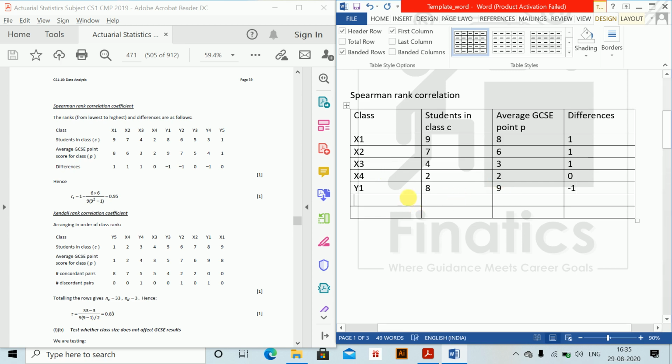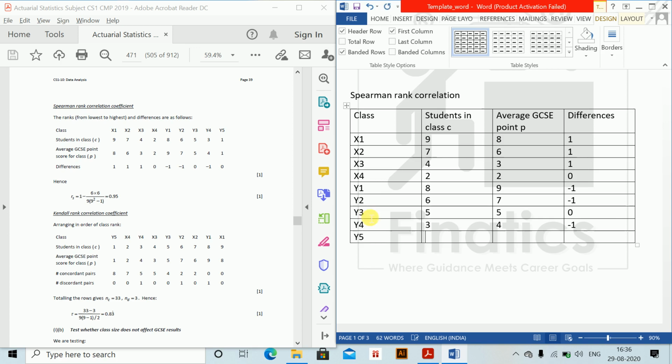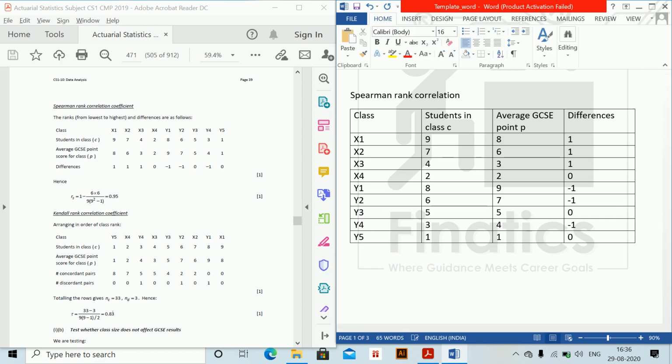Here we have y2, which is 6, 7, then minus 1. Then y3, where we have values 5 and 0. Then y4, where we have 3, 4 and minus 1. And then y5, where we have 1, 1 and 0, the difference. This is easier to make when you have the values.